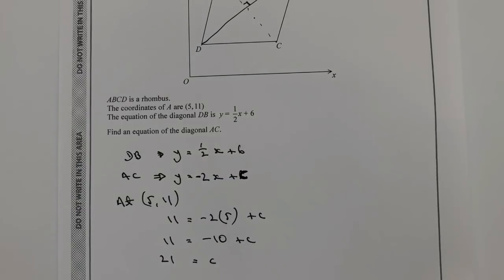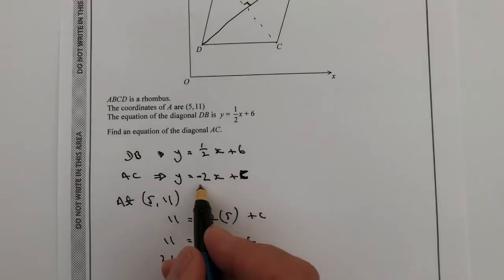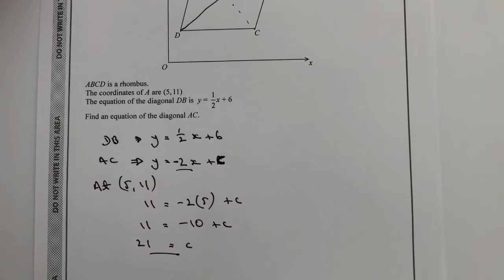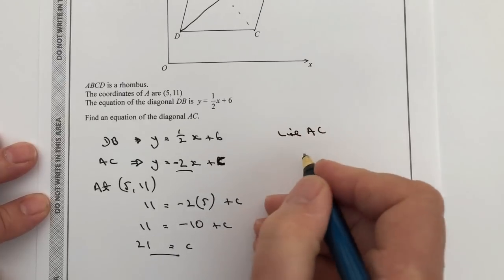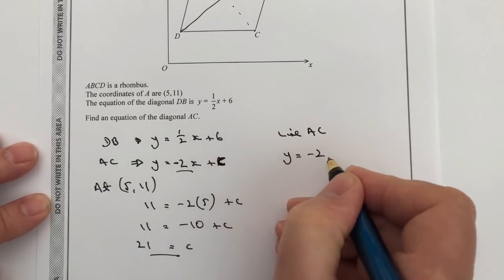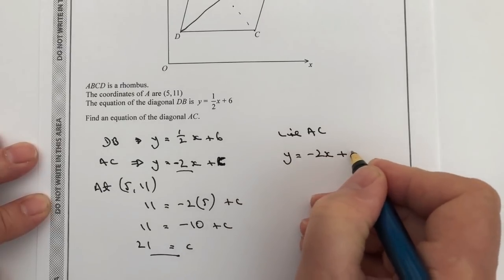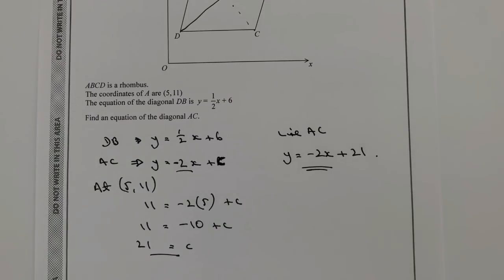Okay, so if I put all of that together now, I've got my value of C and I've got my value of the gradient, so the equation of the line AC is going to be y equals -2x plus 21. Okay, and that would be the answer to that particular question.